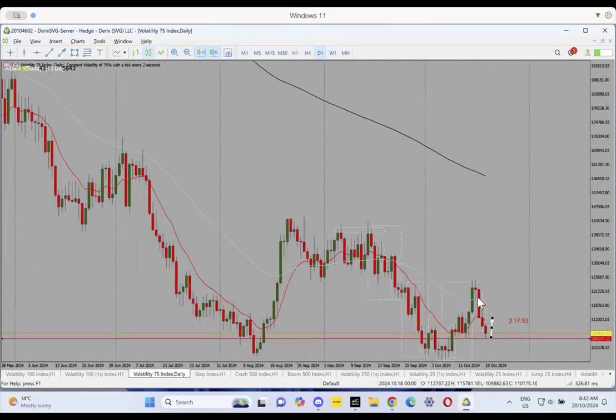Now, this sell that we see here, my assumption is that we need to go all the way down to these lows, right? Then we can look for buys. So I want to see the market go down there, then we can look for buys.